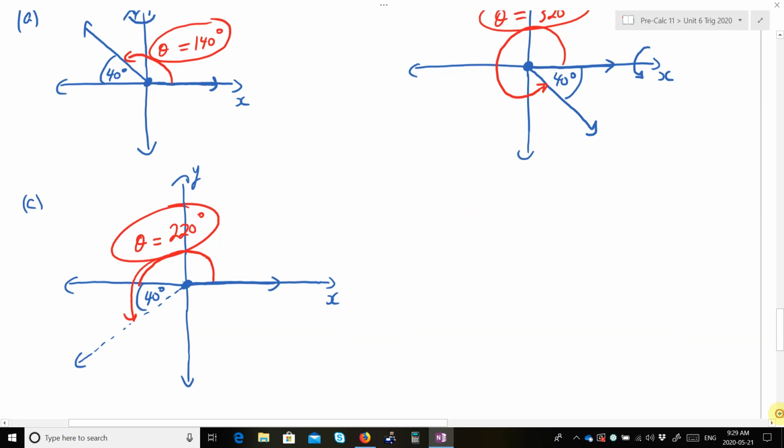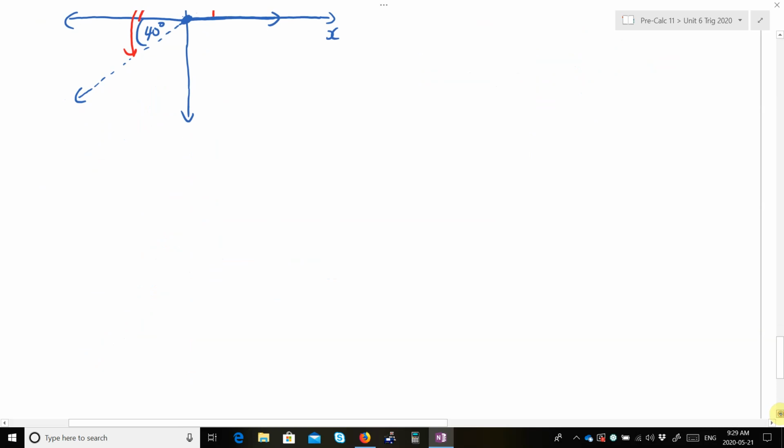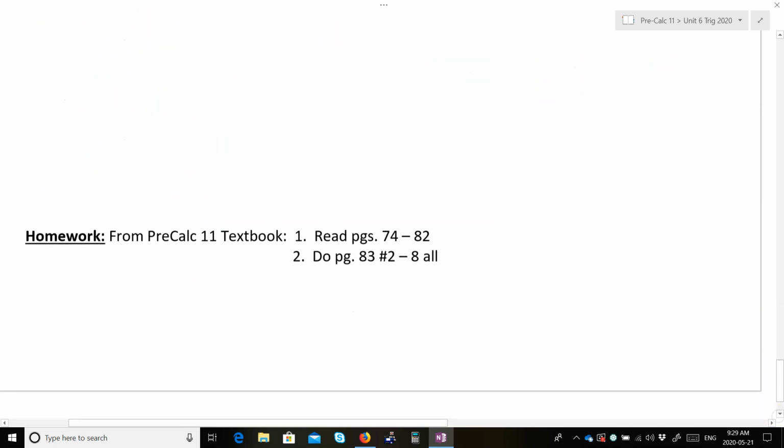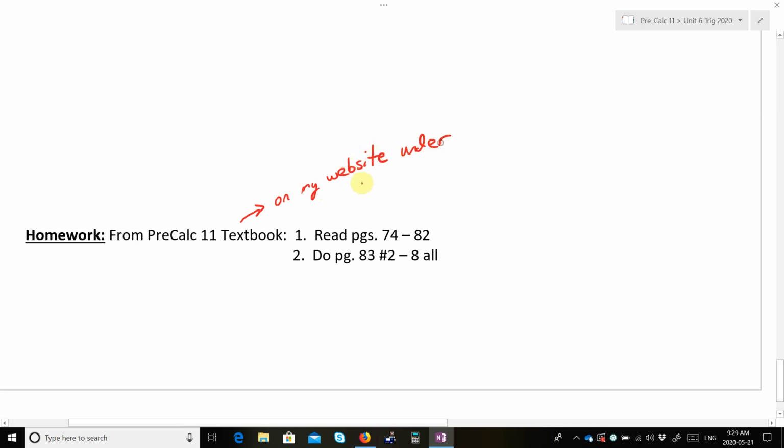Okay. All right, so there you go, everyone. That is Trig Lesson 4 for Pre-Calculus 11. The homework is from the Pre-Calc 11 textbook, which is on my website under the online learning folder. If you want to read those pages, that will enhance the notes, and try page 83, numbers 2 to 8 all.